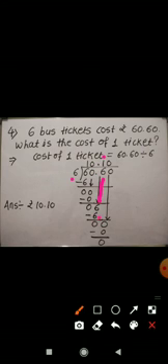Again 6 1s are 6. 6 minus 6, 0. And at the last this 0 will come down. Now how many times does 6 go into 0? 0 times. So 6 into 0, 0, and 0 minus 0, 0. So here you can see the quotient is 10.10. It means what is the cost of one ticket? The cost of one ticket is 10 rupees 10 paise.